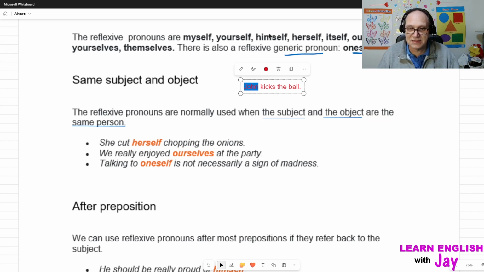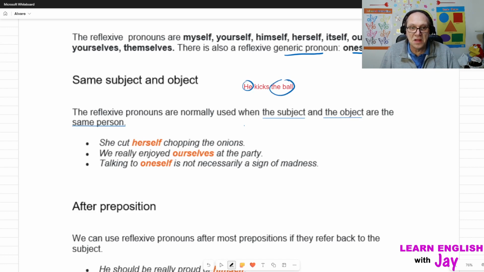So for example, let's say he kicks the ball. But now, if we want to emphasize and say that the subject and the object are actually the same, oh, there goes my pen, the subject and the object, so he and the ball are the same thing, we're going to start using reflexive pronouns.